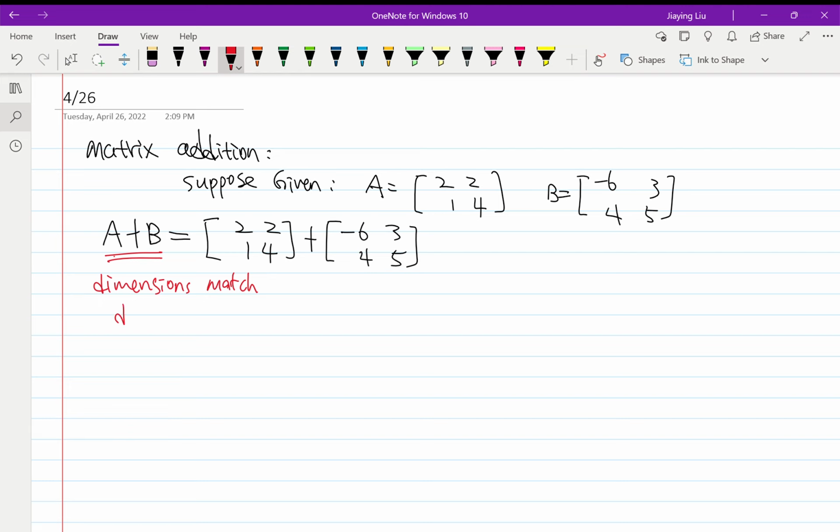The dimension of a matrix is row number by column number. So in this case, A is a 2 by 2 matrix, 2 rows, 2 columns, and B is also 2 by 2. So they have the same dimension, so that means we can add or subtract.